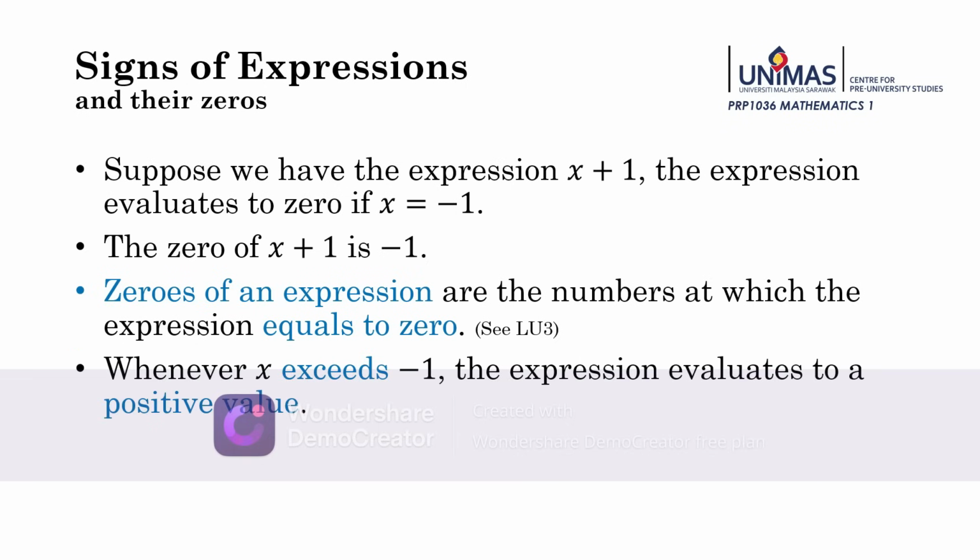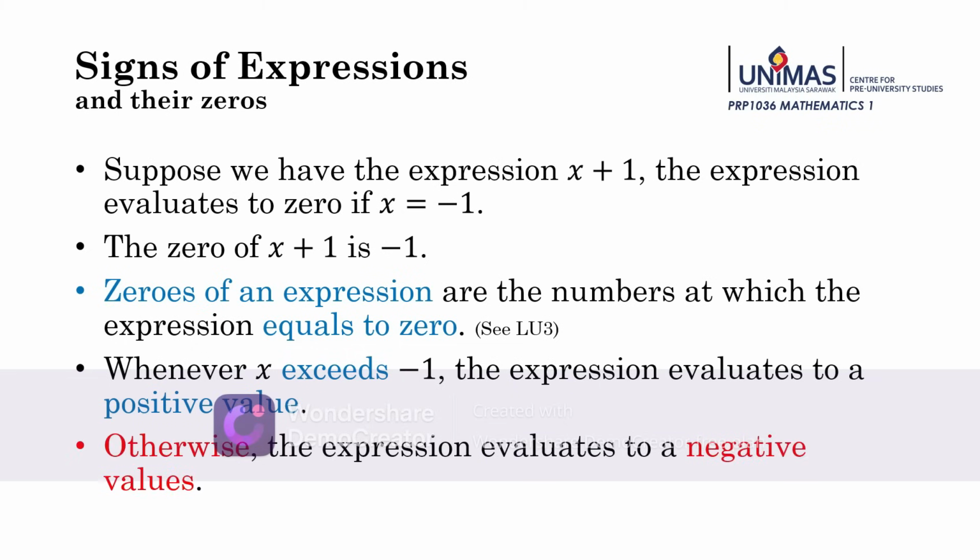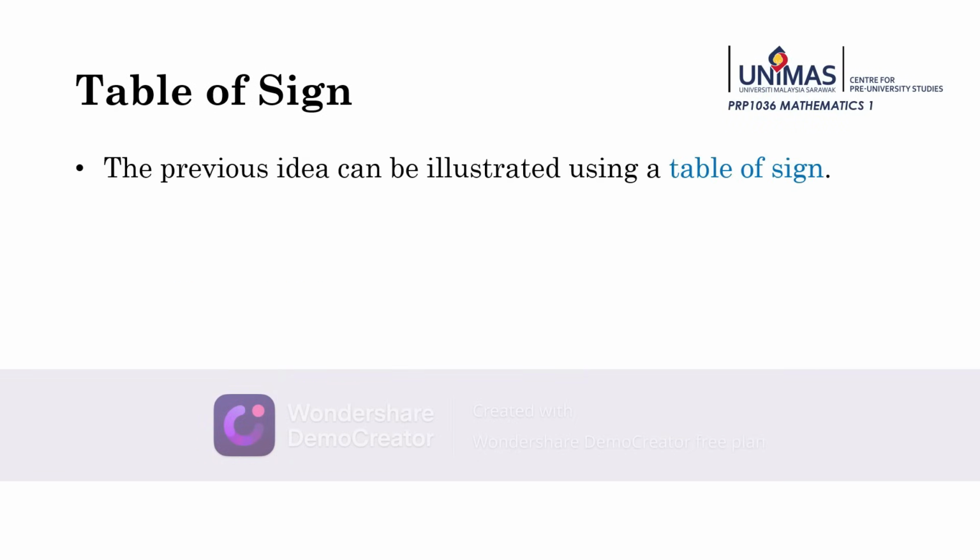Whenever x exceeds negative 1, the expression evaluates to a positive value. Otherwise, the expression evaluates to a negative value. Okay? The previous idea can be illustrated using table of sign.